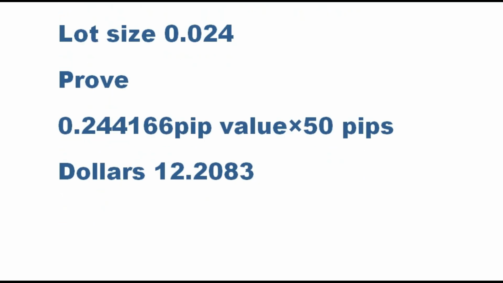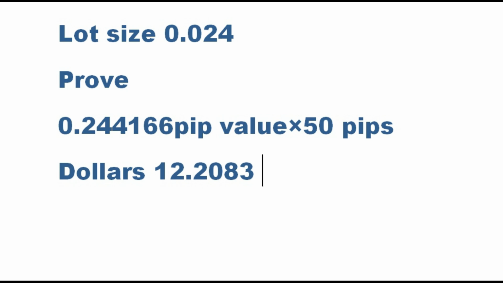The amount we have at risk in dollars is 12.2083. To prove the formula correctly, since we are trading the pound dollar, the dollar is the quote and the pound is the base. By trading the pound dollar, we make and lose money according to the dollar rate. That's why I had to convert the pound at risk into dollars. To complete the proof, I have to convert the 12.2083 back into pounds by dividing.